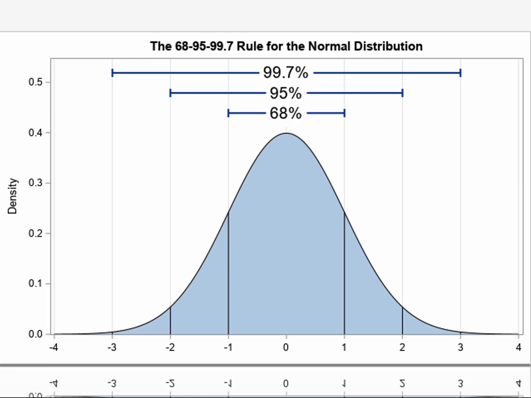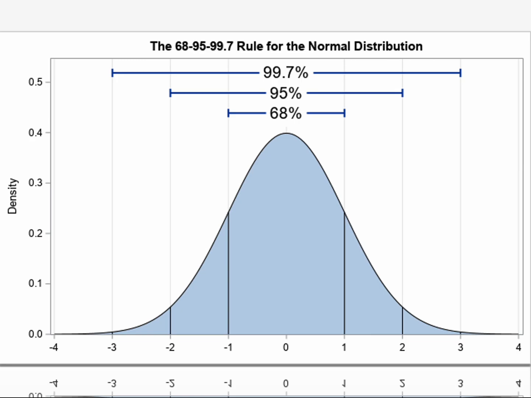And take a look at the 0. The 0 right down the middle there, along the bottom, right in the center. The 0 means 0 standard deviations. Okay, so imagine this is like the SAT. The average SAT score would be the hump there at the peak.